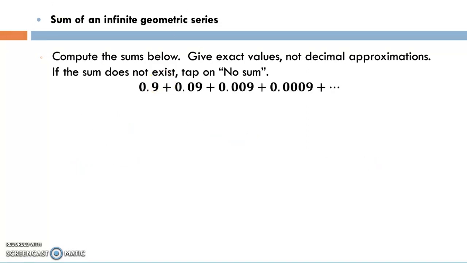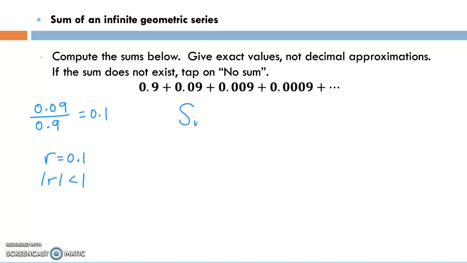Here's another one. Compute this sum. Now, this one's where r is not quite as obvious, but we can take the second term, 0.09, and divide it by the first term, which is 0.9, and we will get 0.1. So r is equal to 0.1, and the absolute value of that is less than 1. So there is going to be an infinite sum.